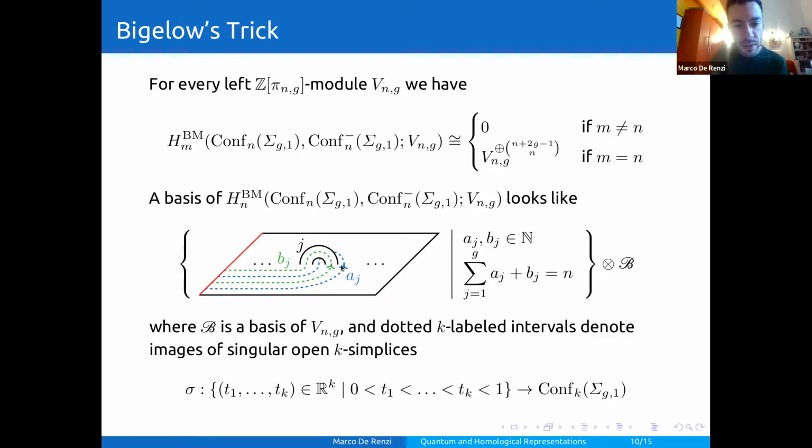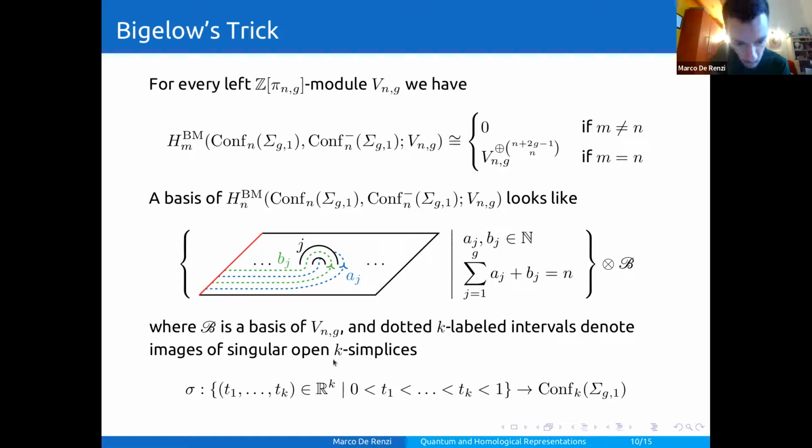In this picture, I'm claiming that these dotted intervals represent relative cycles in this homology space. The way to see this is that you should think that a dotted k-labeled interval denotes the image of a singular open k-simplex. Open simplices, if their open ends behave well, form cycles in Borel-Moore homology.